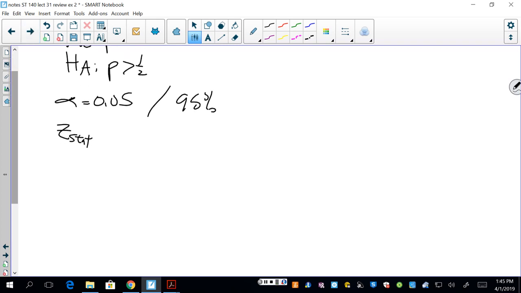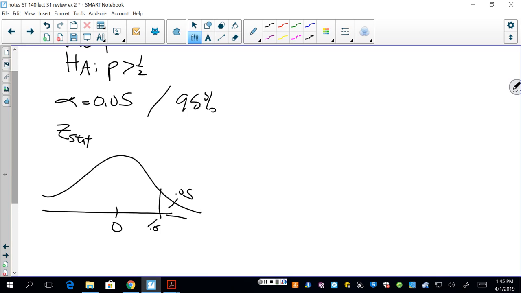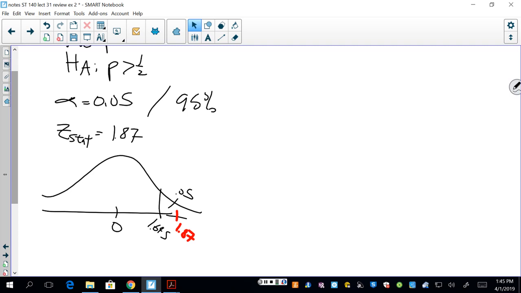If it's one-sided, you're looking at a normal distribution, and that has 5% up here, and that's like 1.645. Hypothetically, not connected to that problem, because that 8 is way off the charts, if you've got a z-statistic of 1.87, the p-value would be the probability you're greater than 1.87. And we would look that up in the normal table.